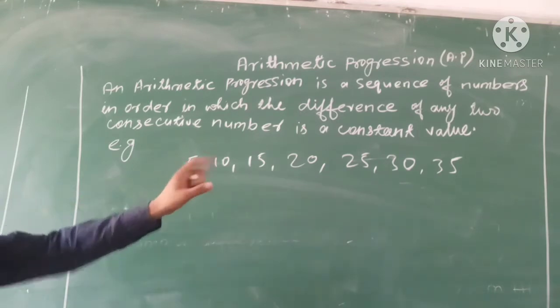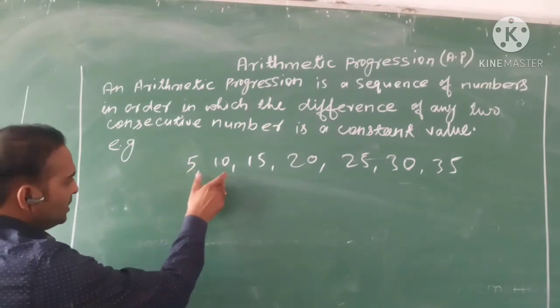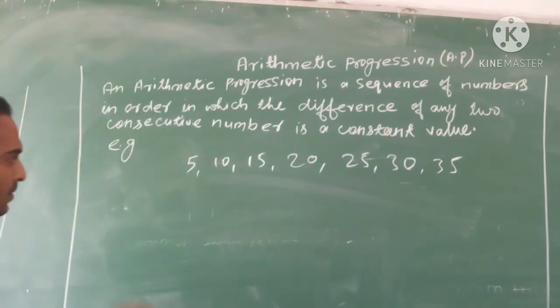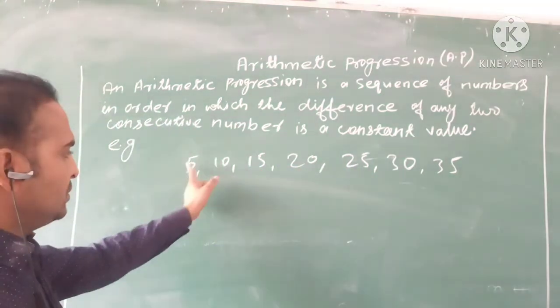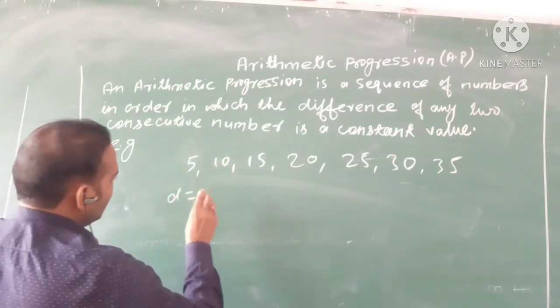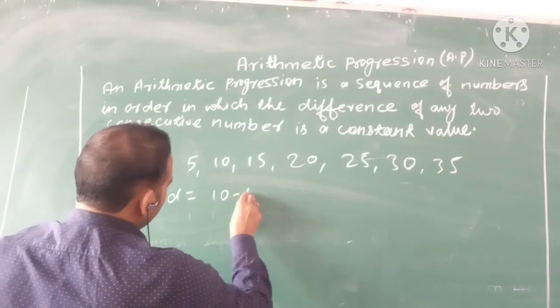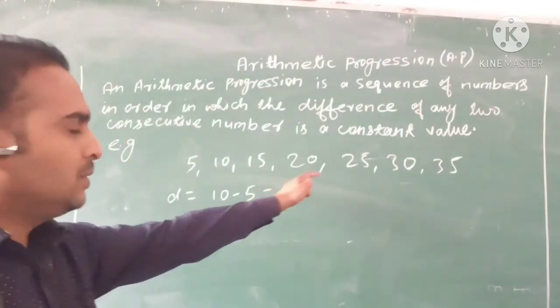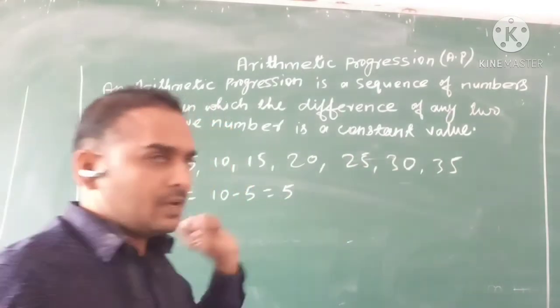Yes, this one is AP. How? The difference between any two consecutive numbers is 5. 10 minus 5 is 5, 15 minus 10 is 5. Here D is equal to 10 minus 5, which is 5.